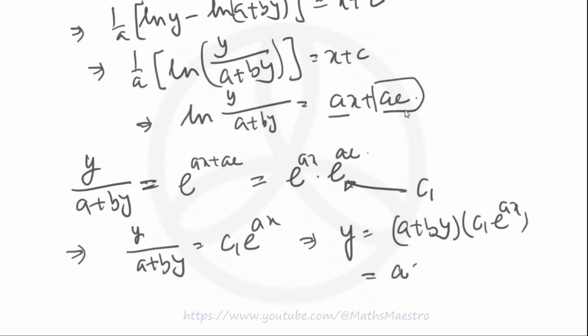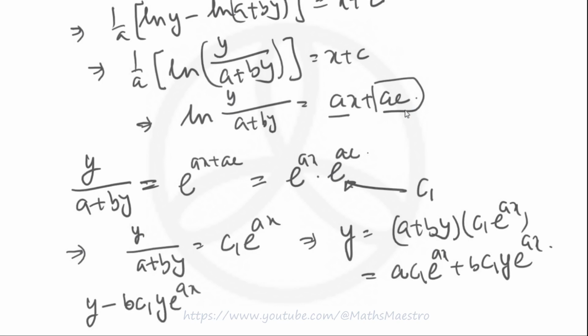This will give a c1 e to the power ax plus b c1 y e to the power ax. Now if we take y together, we will have y minus b c1 y e to the power ax is equal to a c1 e to the power ax.